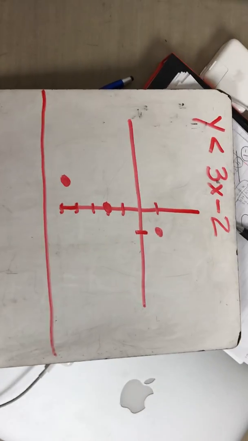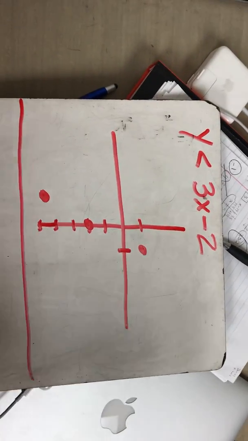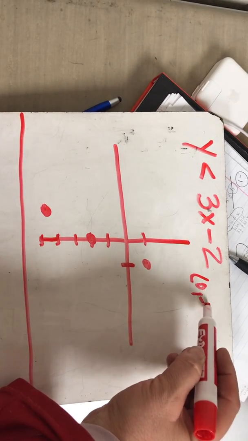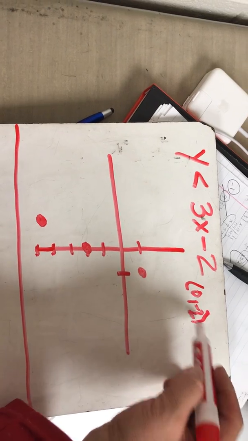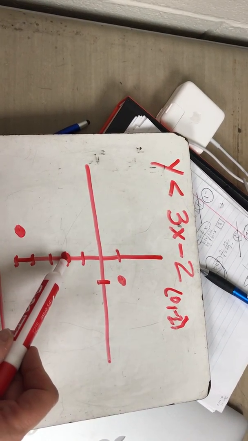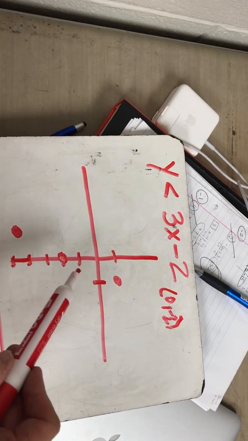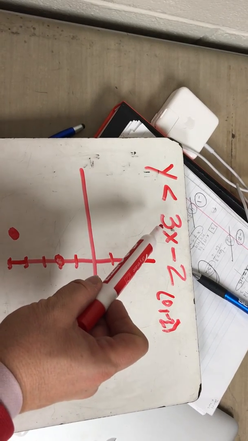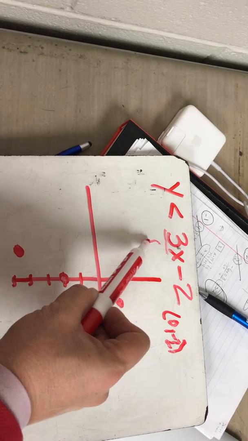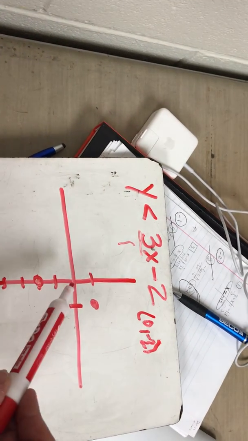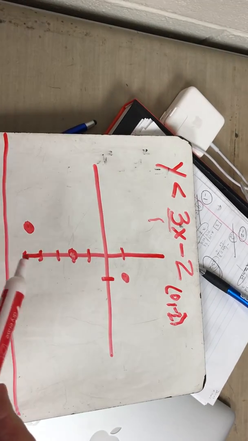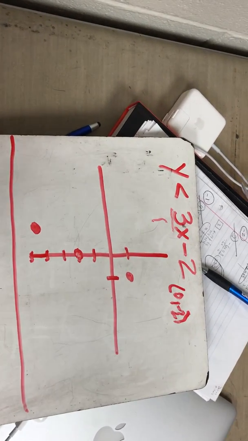I have my (0, negative 2) intercept, and I can graph that right here. Then I apply my slope, which is a positive 3. I can make it 3 over 1 if I need to. And I go up 3, right 1, or down 3, left 1.